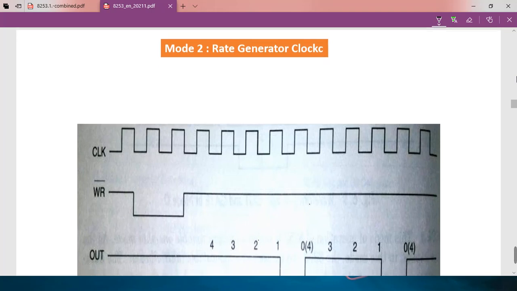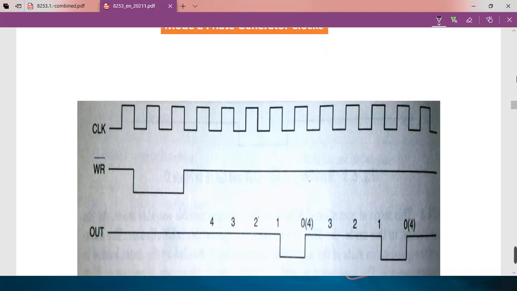The next mode is mode 2, that is rate generator. Suppose I want to generate a low pulse of duration 1 clock period after a certain period, for example after n minus 1 TC, where TC is one clock period time.